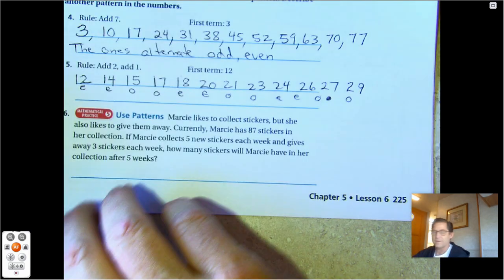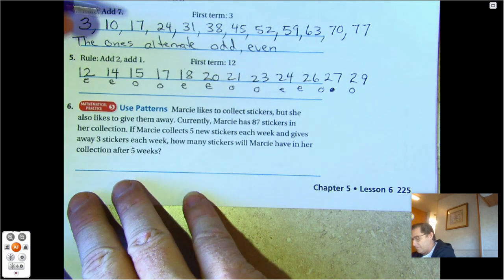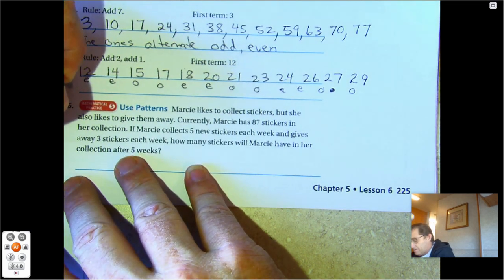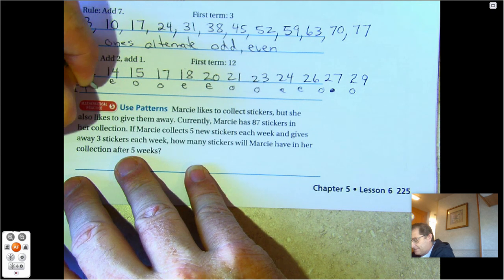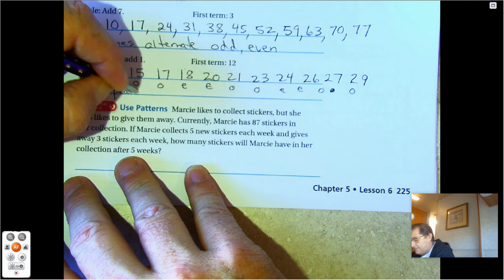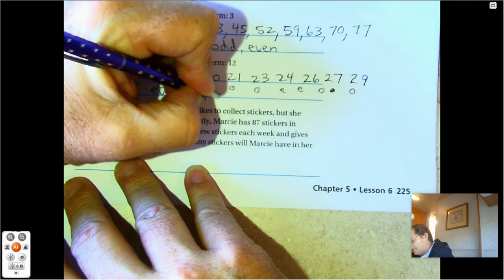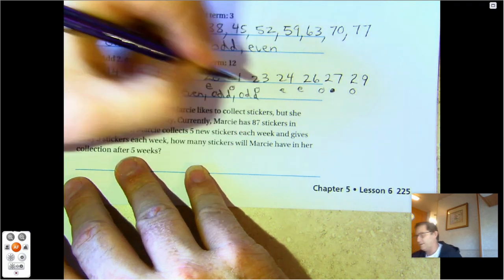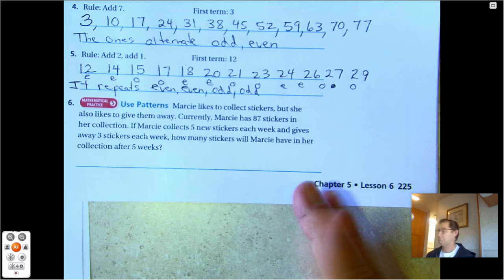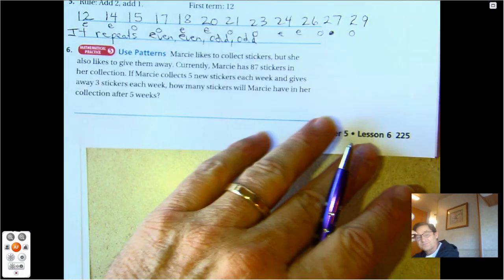Oh, okay, so we could say it repeats even, even, odd, odd. Okay, all right.